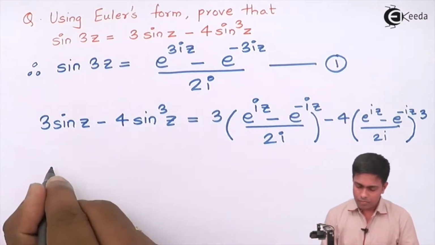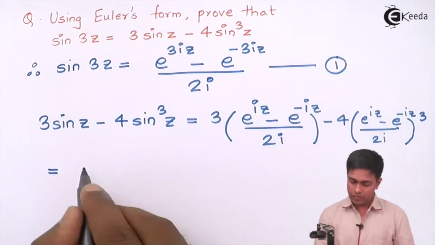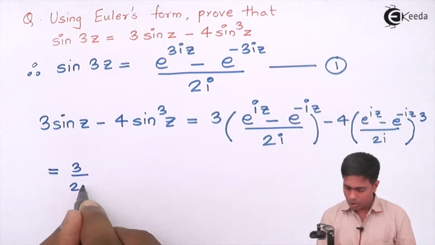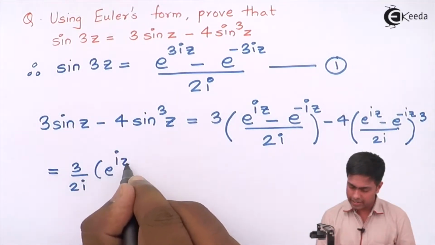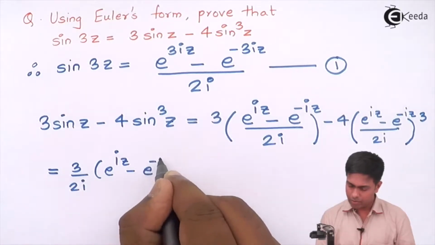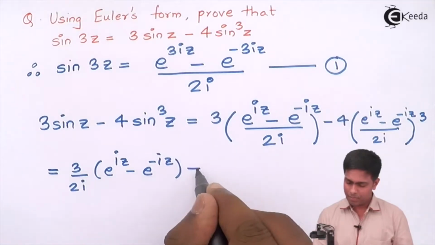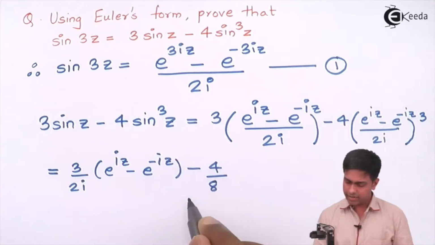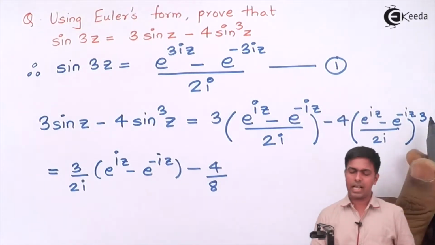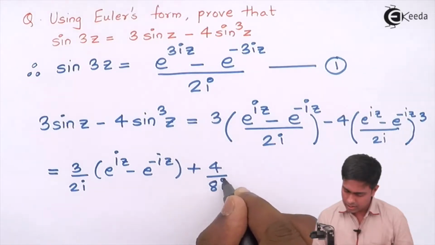Now let's solve this. So here we will get 3 upon 2i times e to the power iz minus e to the power minus iz. Now here minus 4 as it is, 2 cube is 8, and if you find out, i cube is negative i, so that will become plus i.